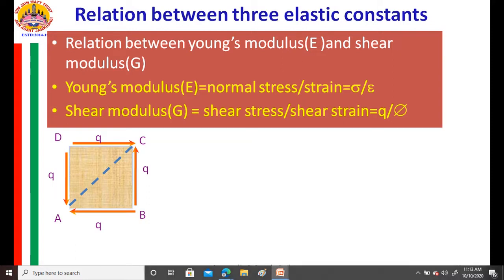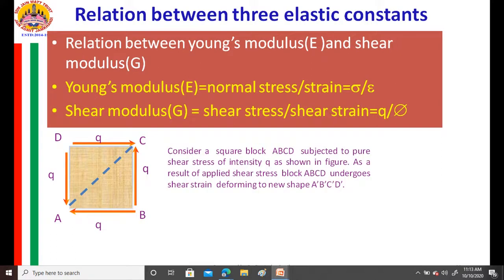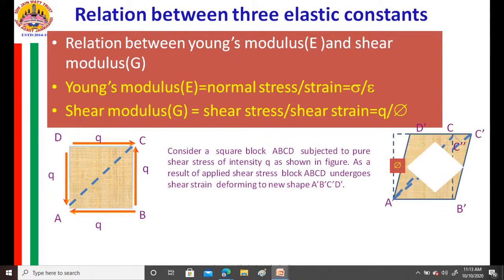next part. Yes, the relationship between the three elastic constants. Young's modulus is nothing but the normal stress by strain. Shear modulus is nothing but the shear stress by shear strain. We are applying a shear stress to a square box, and because of that shear stress, the block will undergo the shear deformation.